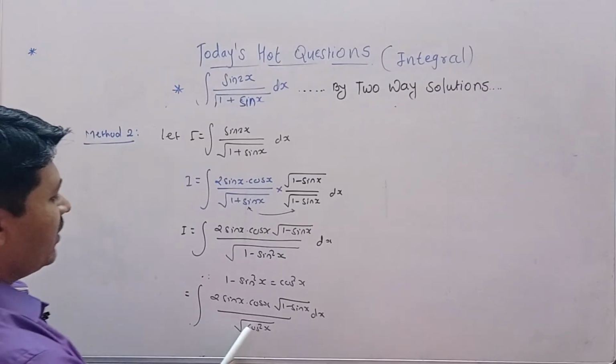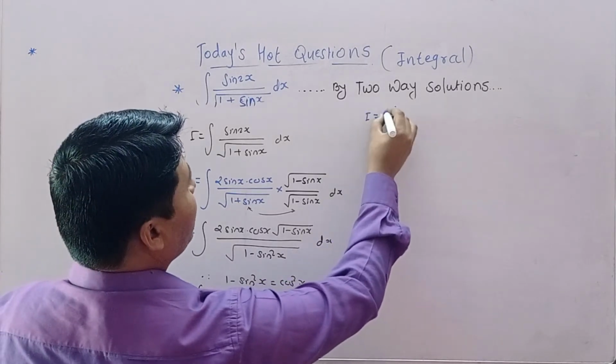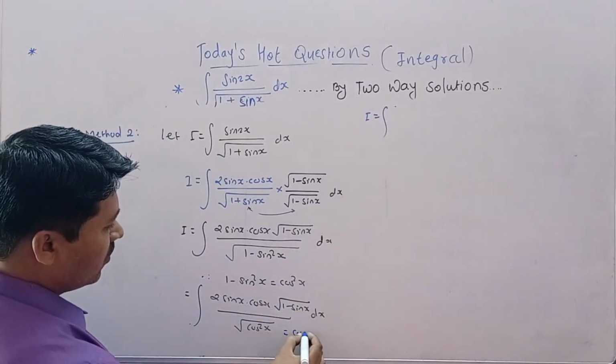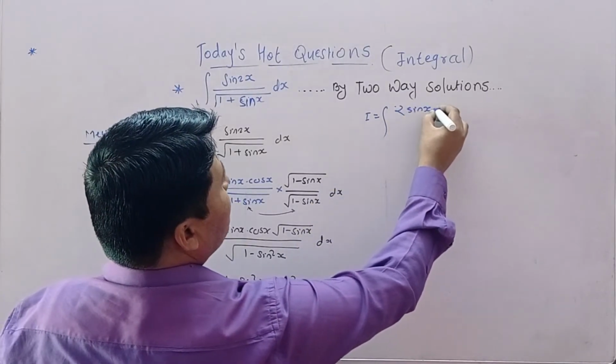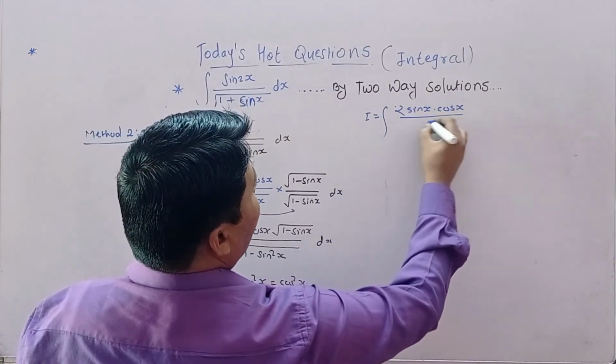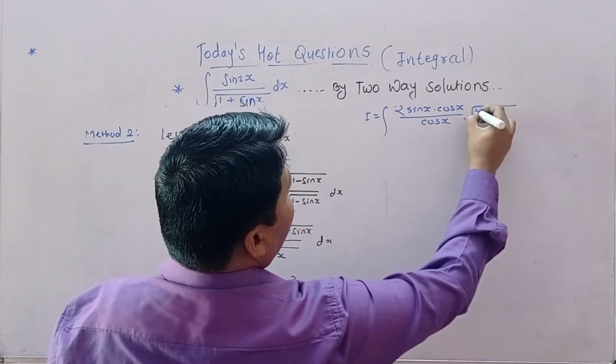Again we can simplify this term: under root cos square x we can write as cos x.